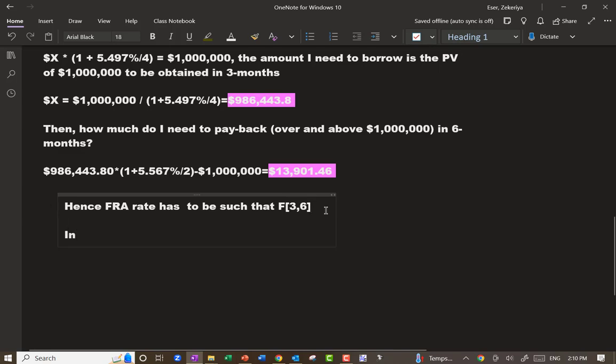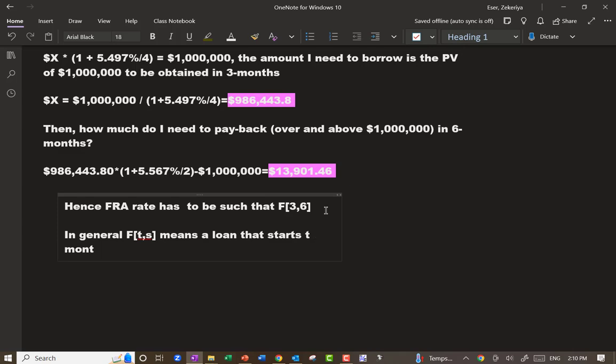So in general, FTS means a loan that starts T periods from now and ends at S periods from now.